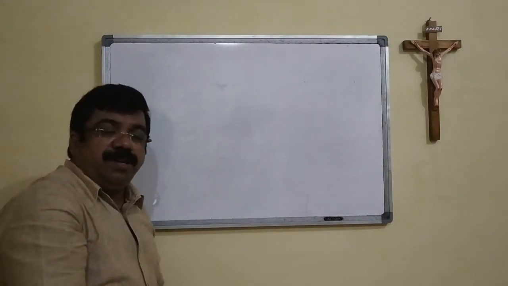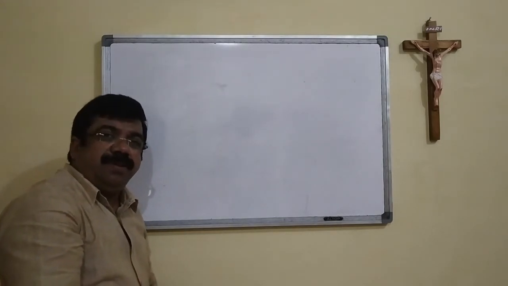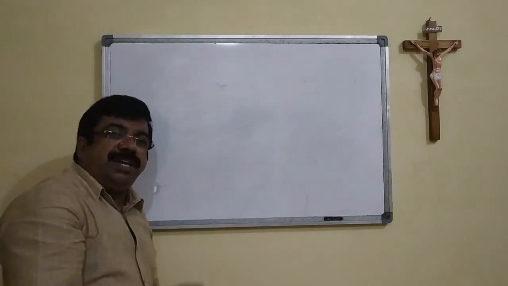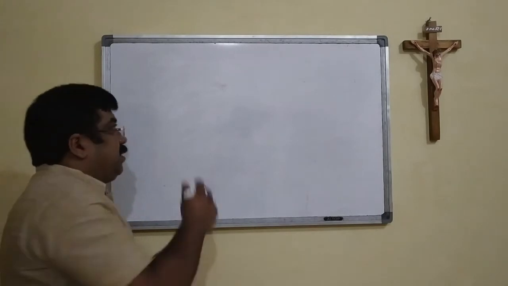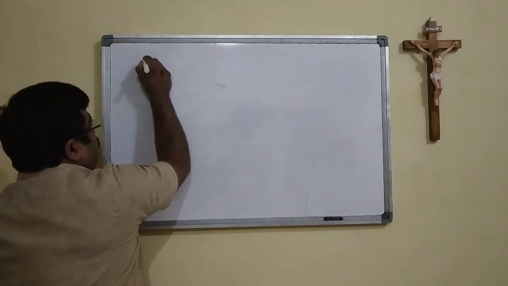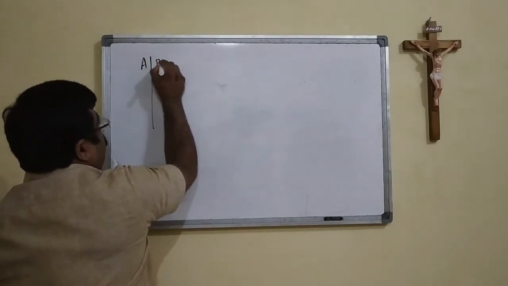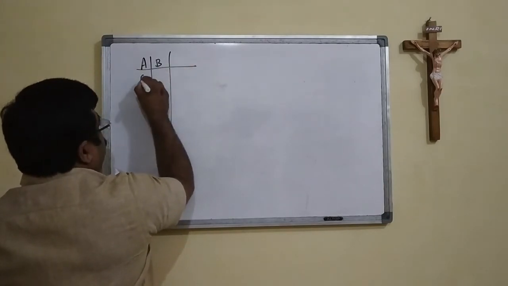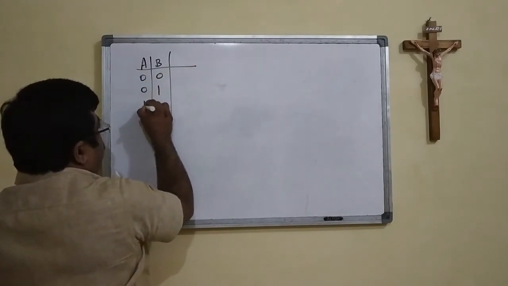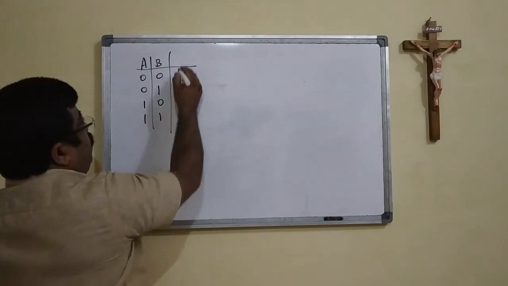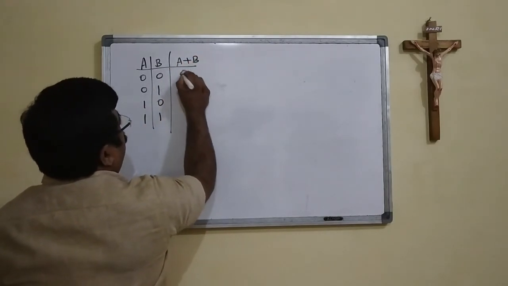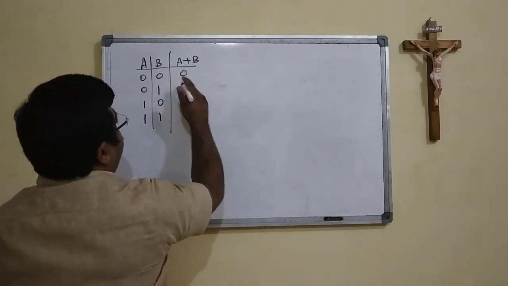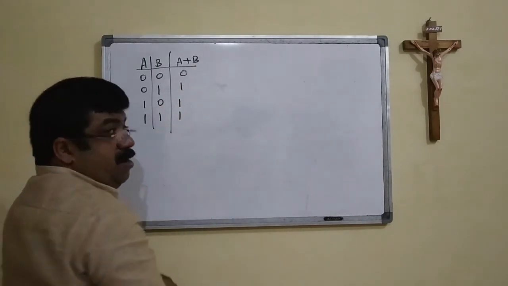Next we have the NOR gate. To the end of the OR gate we add a NOT gate to get a NOR gate. So we have A and B: 0 0, 0 1, 1 0, 1 1. This is A plus B: 0 1 1 1.